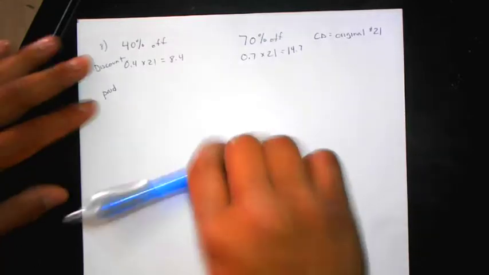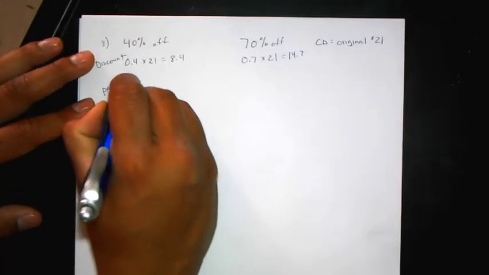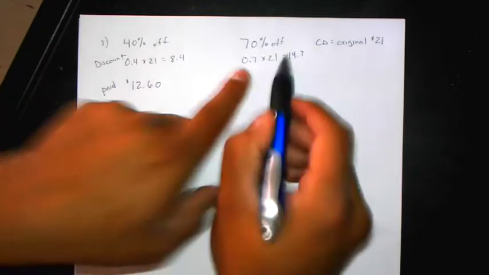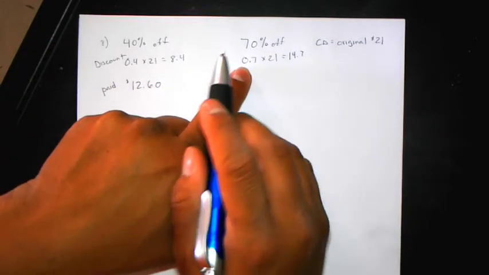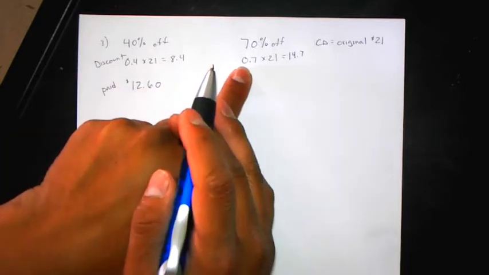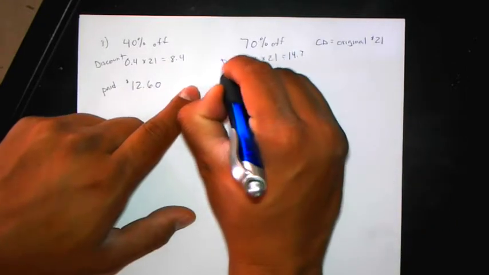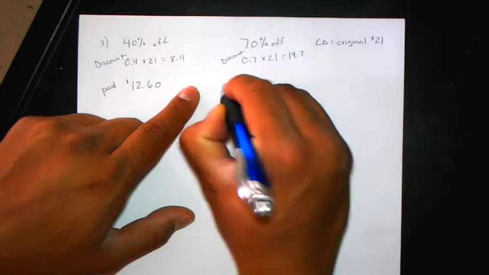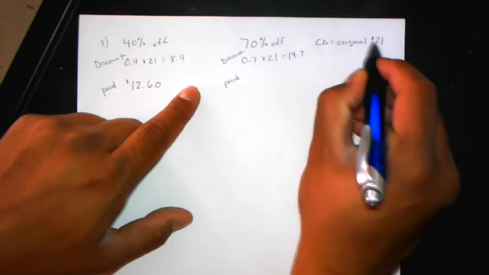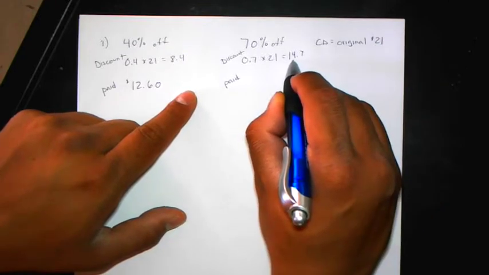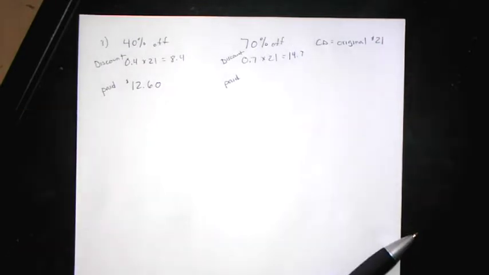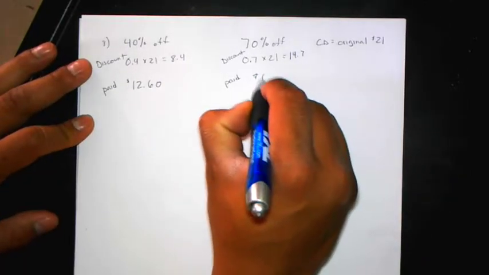So she ended up paying $12.60. But if it went on sale later for 70% off, she wants to know how much money she would have saved if she had waited. Again, this is the discount. How much she would have paid is the subtraction 21 minus 14.7, which is $6.30.